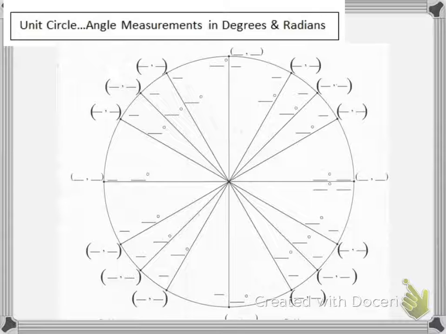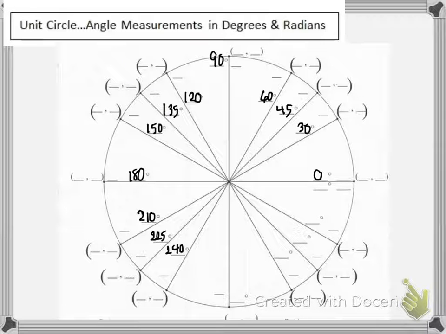I'm just going to do all one color so I can do it quickly. 0, big gap, add 30, little gap, add 15, little gap, add 15, oops, I'm sorry, that's 45, add 15, big gap, add 30, big gap, add 30, little gap, add 15, little gap, add 15, big gap, add 30, big gap, add 30, big gap, little gap, add 15, little gap, add 15, big gap, add 30, big gap, add 30, little gap, add 15, little gap, add 15, big gap, add 30.